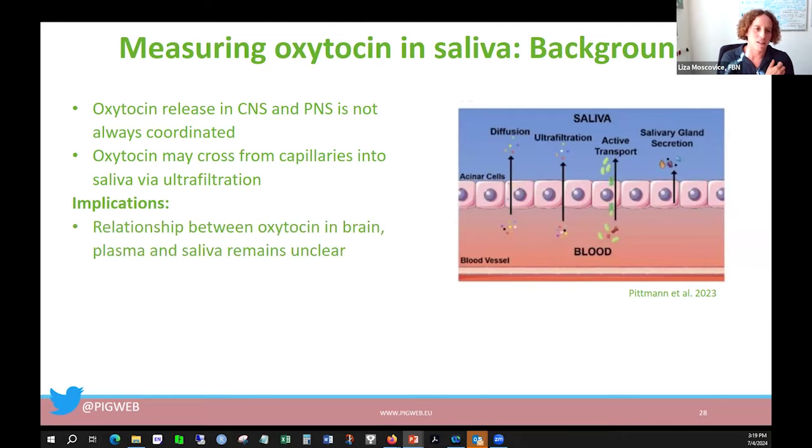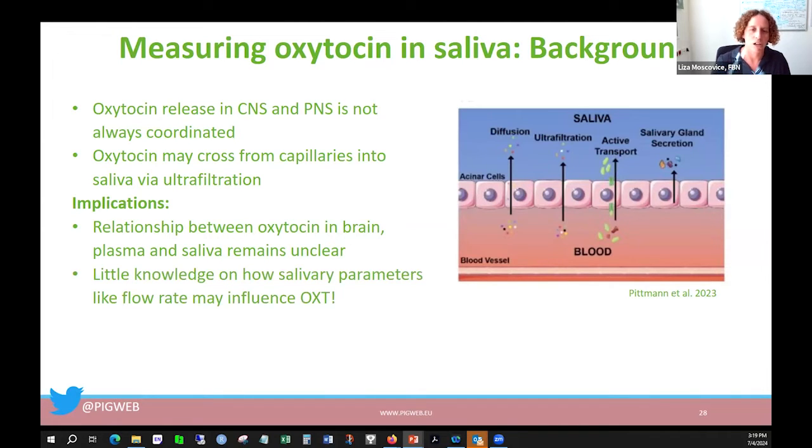And so an important implication when we're thinking about oxytocin in saliva is that we don't have such clear correlations with oxytocin in plasma and definitely not in brain. And we wouldn't necessarily expect such good correlations as we get with steroids. It doesn't mean it's a problem, but it means it's harder to do some of the validations we'd like to do and to figure out the relationship between oxytocin in saliva and in other matrices.